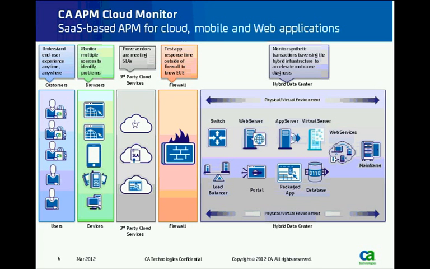Our Cloud Monitor solution consists of more than 60 monitoring stations around the globe that are capable of running synthetic transactions into your applications. And whether your applications are in the data center or hosted in the cloud, this solution provides visibility and it sends its data into APM. So there's integration with Cloud Monitor.